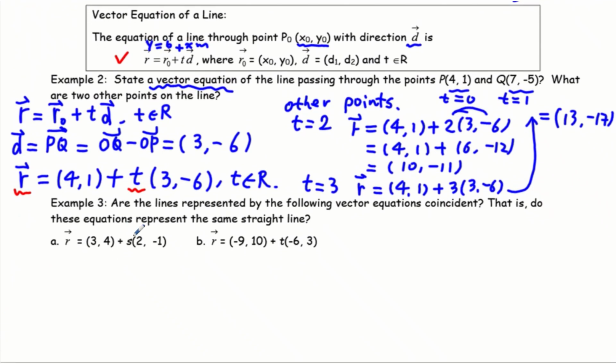Okay, so this one, a vector equation of a line is given. Then it asks you, are the lines represented by the following vector equations coincident? It means they are the same line. So are they the same line?